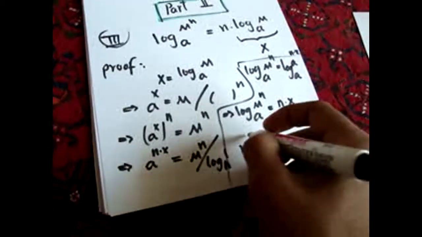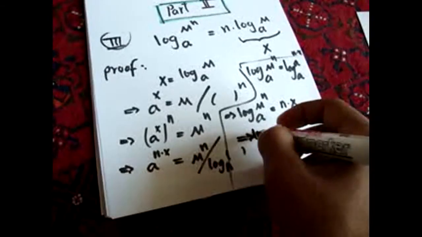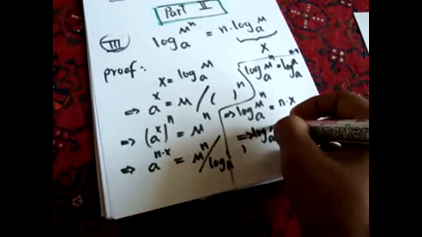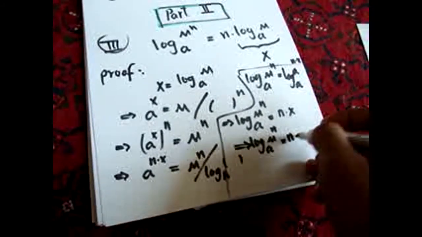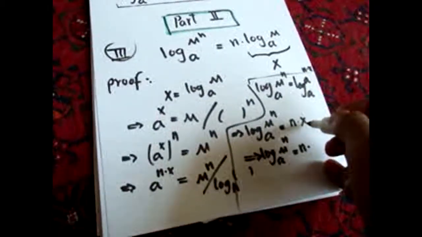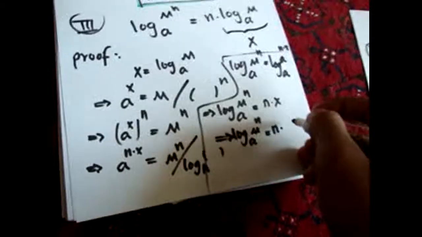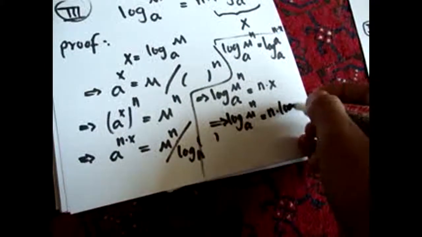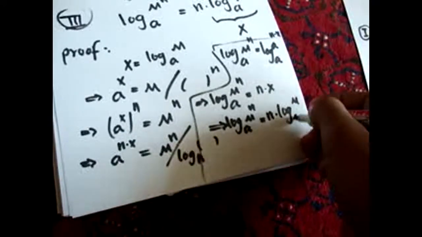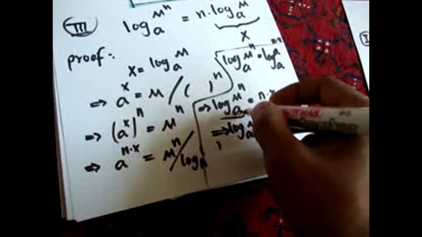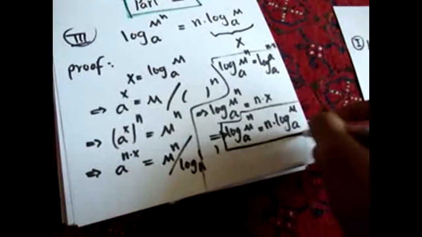The value of logarithm base a of m to the power of n equals, the n remains in here, but the x, we put the value back again. The value of x was logarithm base a of m. So this is the proof for the third property of the logarithms.